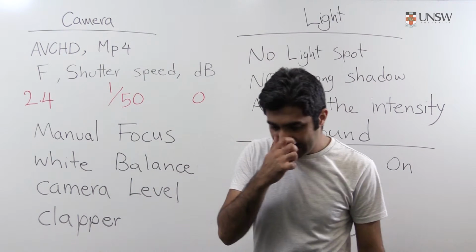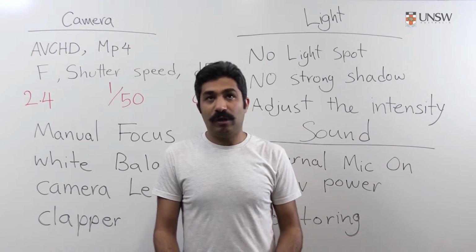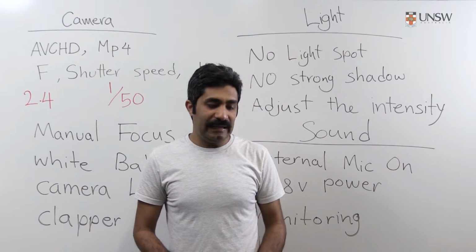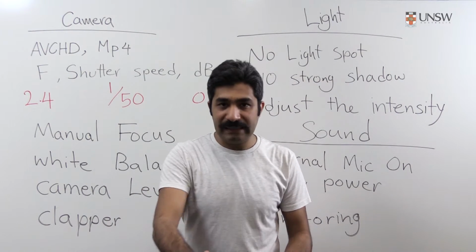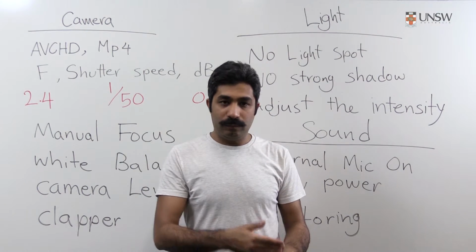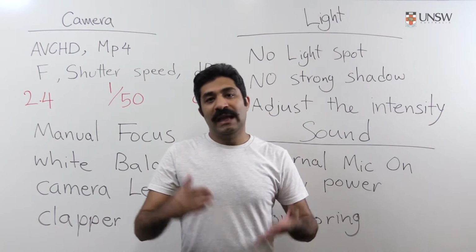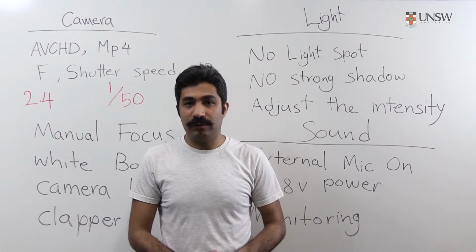Then white balance. White balance is like telling your camera how to see colors. You tell the camera, okay, this is what you see as white, and adjust the rest of the colors according to that.